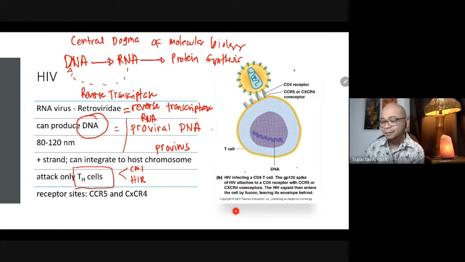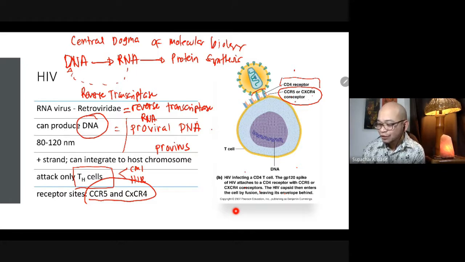The primary reason why it can only attack T helper cells is the presence of receptor sites. There is the main receptor site, which is the CD4 receptor, and the co-receptor sites, which could be either CCR5 or CXCR4.